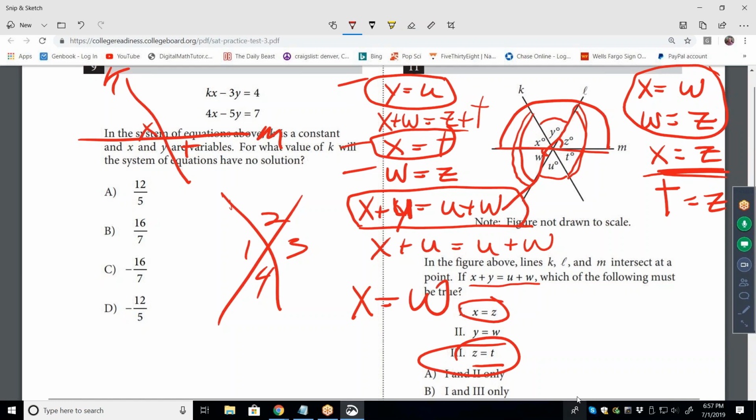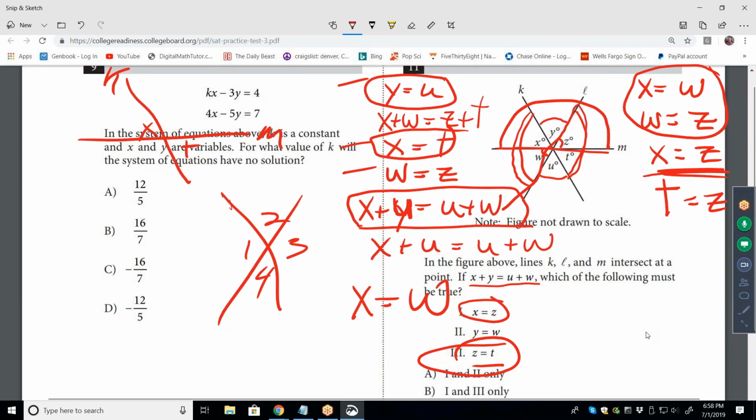I do not believe we can prove that y equals w. And if we look at the picture, we can figure out that y is not necessarily going to be equal to w. If you take line L and you rotate it just a fraction to the right, you change the relationship between y and w, right?